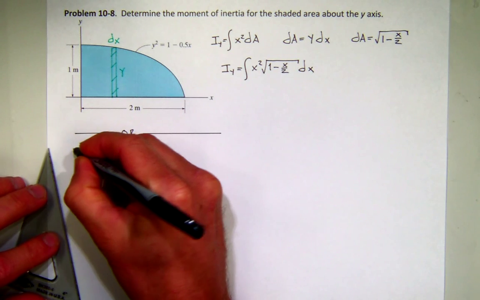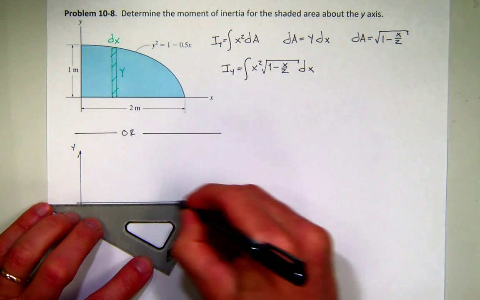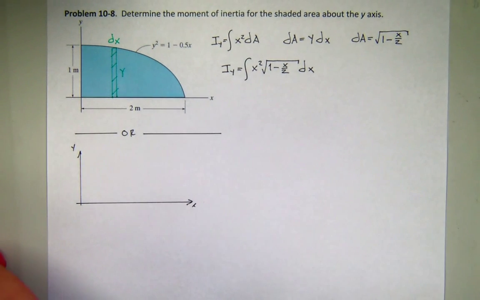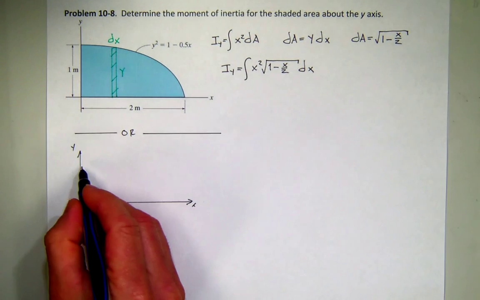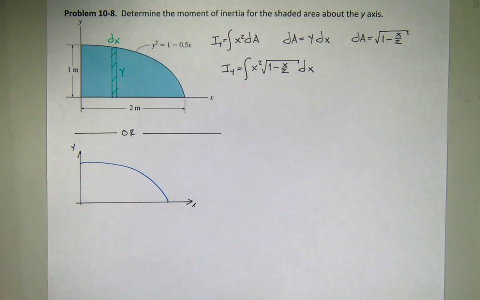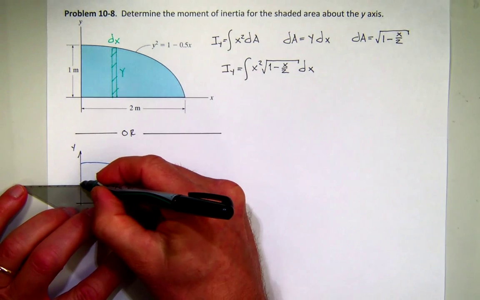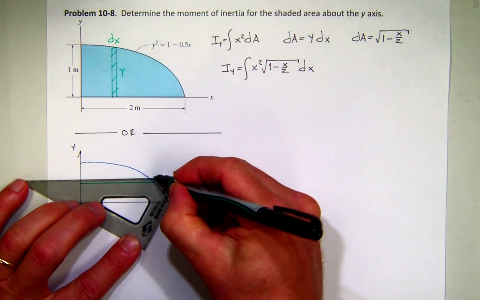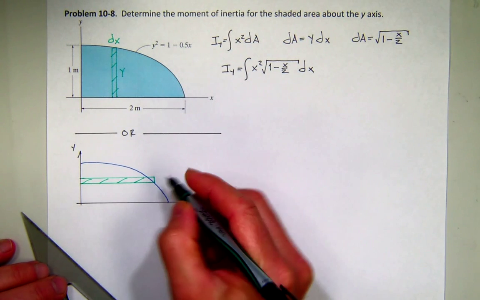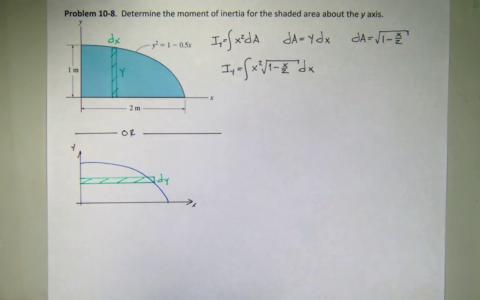Let's try it again, and let's use the information we know. Let me sketch the shape of the thing. Now let's do a horizontal block, which we know will be dy thick.